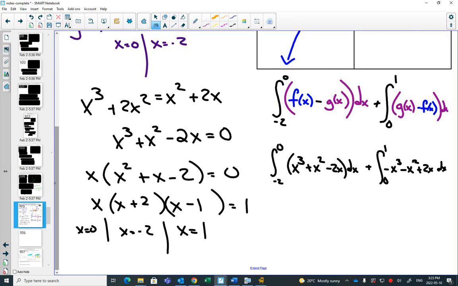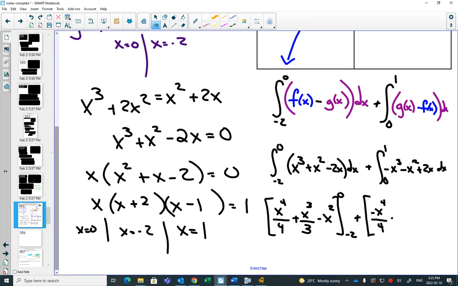So what makes this one longer is that you're having to figure out two different parts. We've got x to the 4 over 4 plus x cubed over 3 minus x squared from -2 to 0, plus, and then this one will be minus x to the 4 over 4 minus x cubed over 3 plus x squared from 0 to 1.